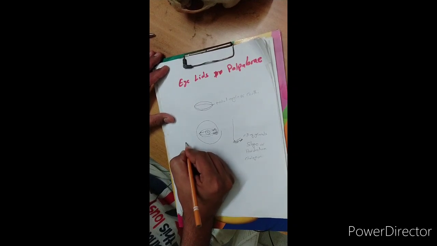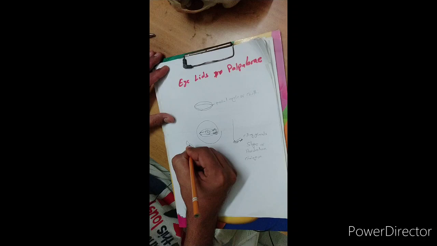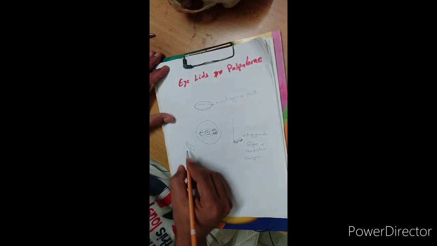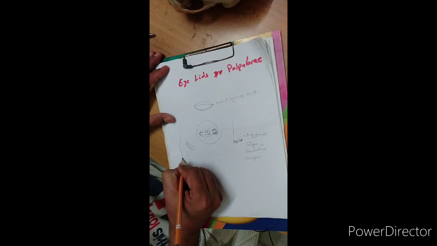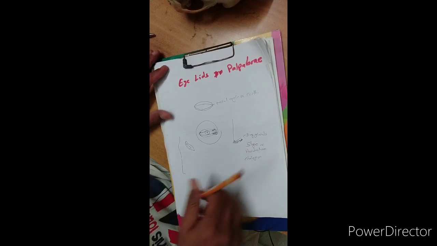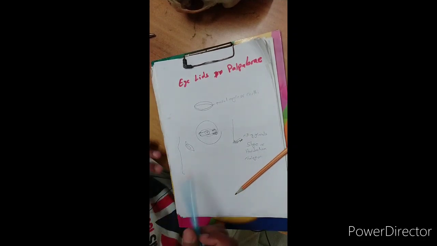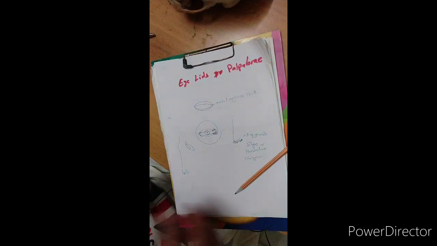Suppose this is the frontal bone, and this is the eyebrows. This is the rounded part, and here is the ciliary gland.